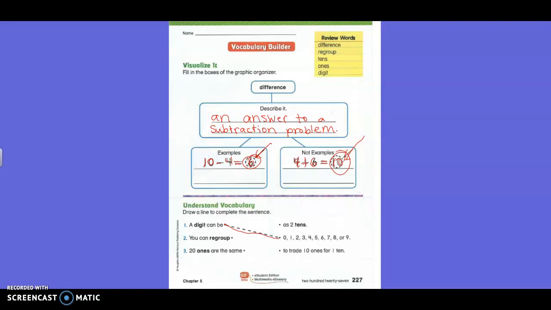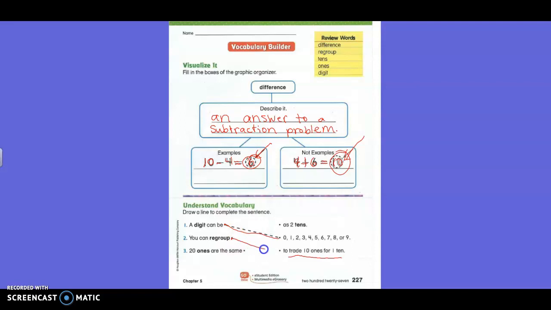Now we have regroup. Vocabulary word over here, regroup. When you carry a number from one column to another. When you are regrouping, you are trading 10 ones for 1 ten.